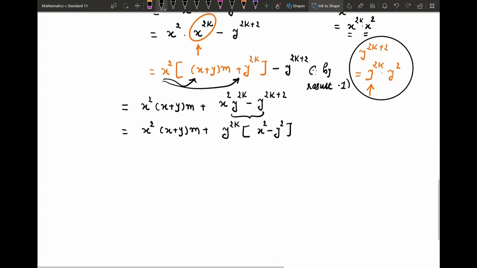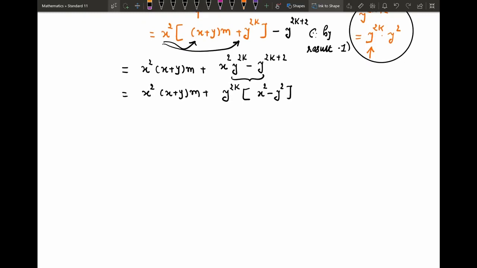X square minus y square can be factorized, and one factor x plus y we can take common. So when we take x plus y common, in the remaining bracket there will be m into x square plus y raised to 2k into x minus y.